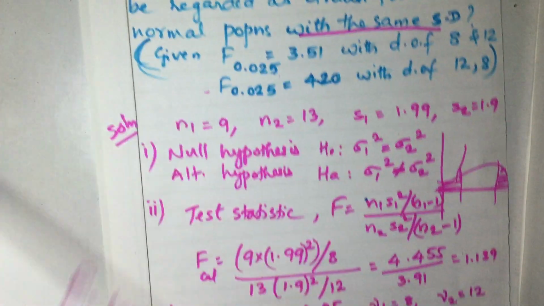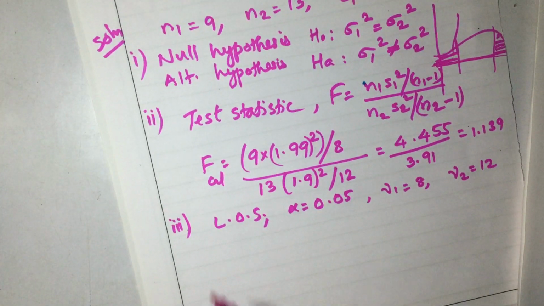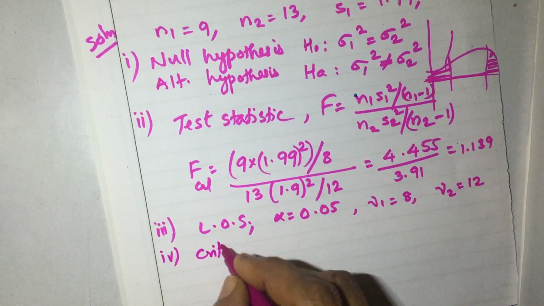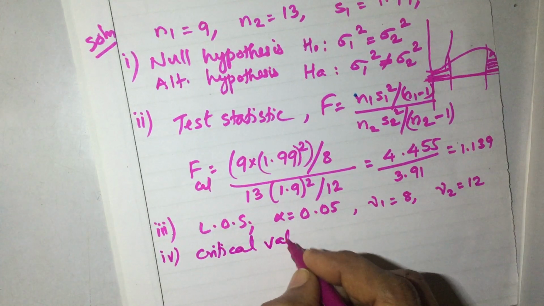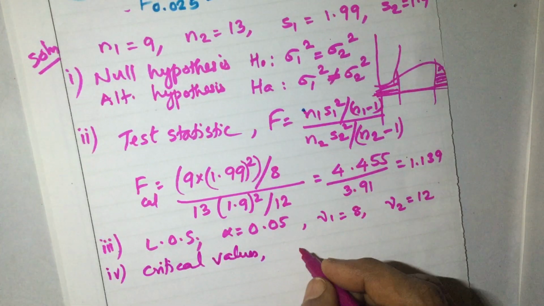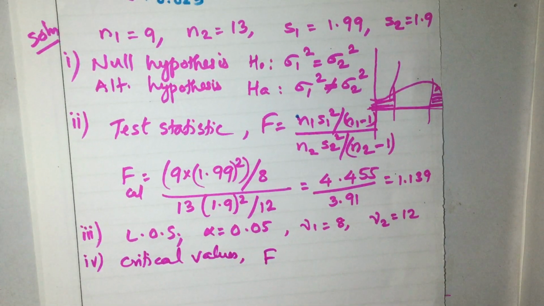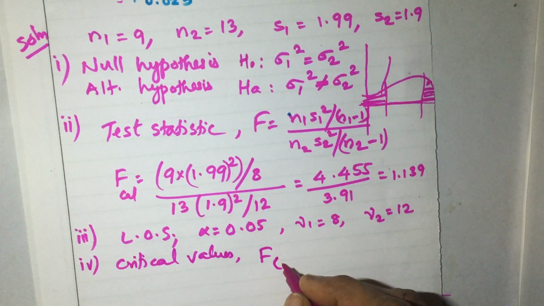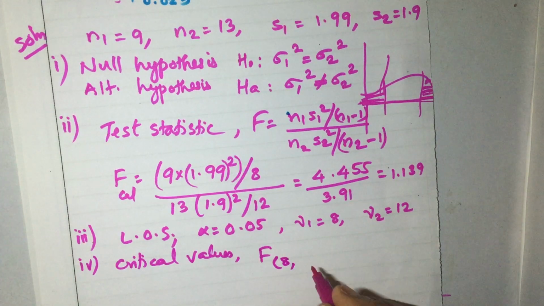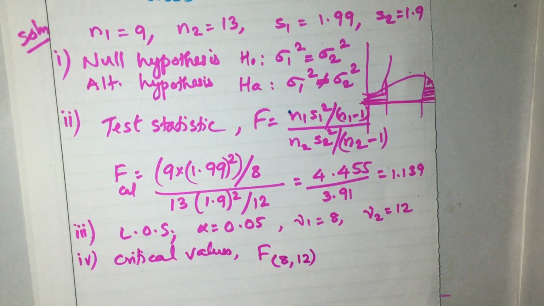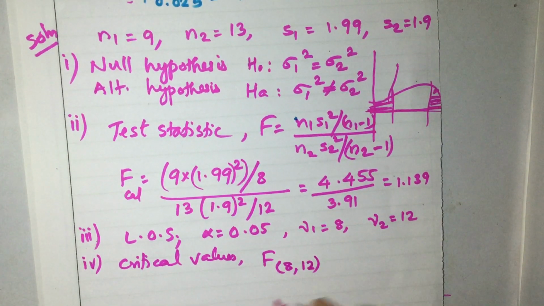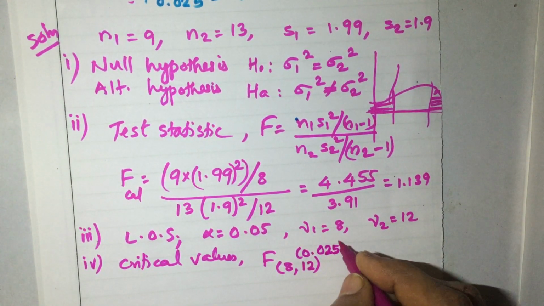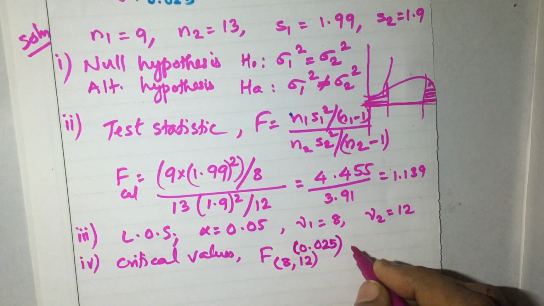So now I will find out the critical values. That is F8,12, n1 minus 1, n2 minus 1, 8 and 12, at 0.025, alpha by 2, because it is two-tailed.